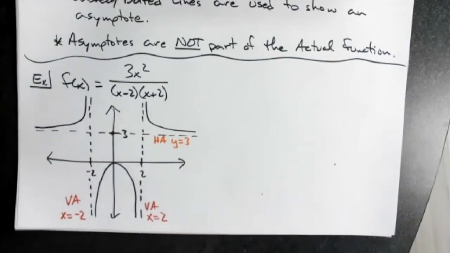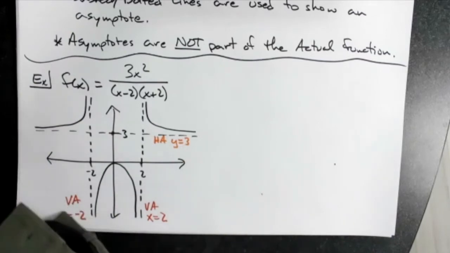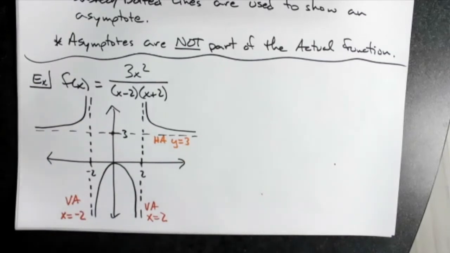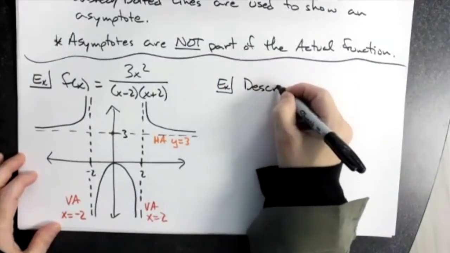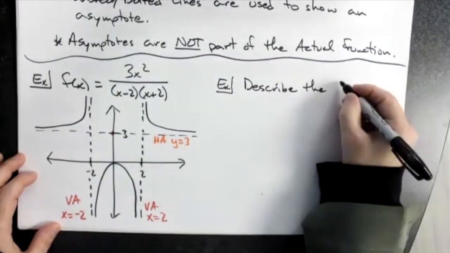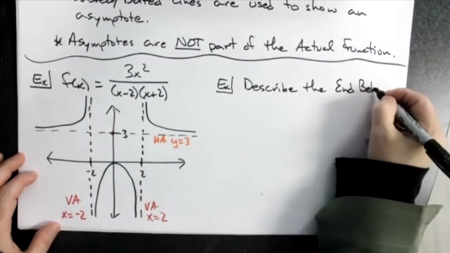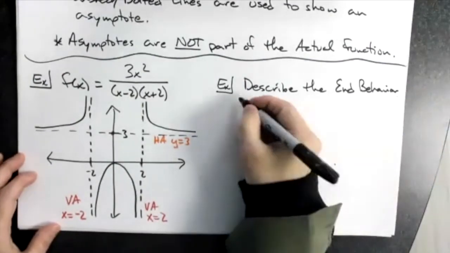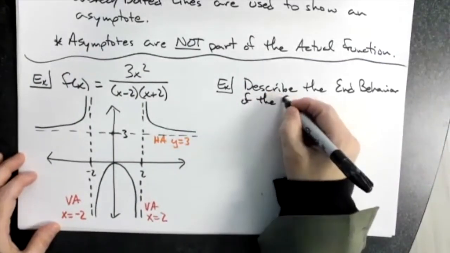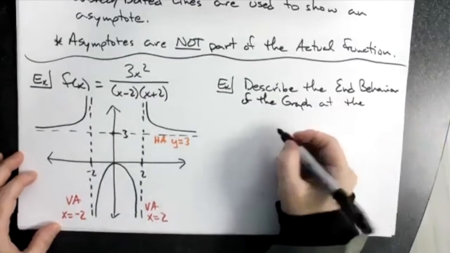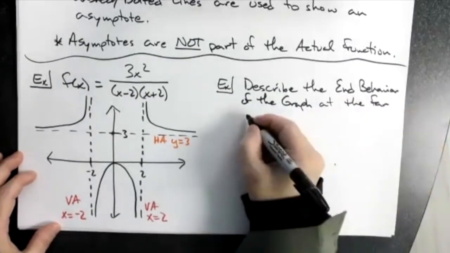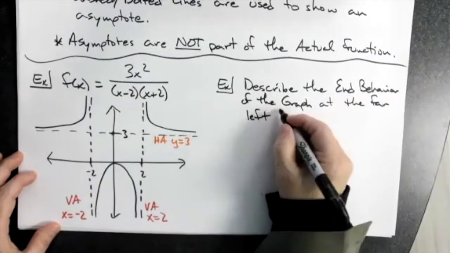Okay. All right, now I think my math lab is going to ask you to describe the end behavior of the graph at the far left, or they could say the far right.